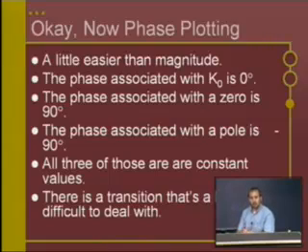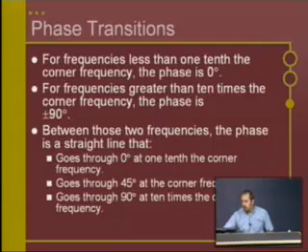The phase associated with your constant term is 0 degrees. We've already kind of talked about that idea. The phase associated with a 0 is positive 90 degrees, and the phase associated with a pole is negative 90 degrees. And those are all constant values, and so the same kind of thing occurs where you will have these conflicting or compounding influences from your poles and zeros.